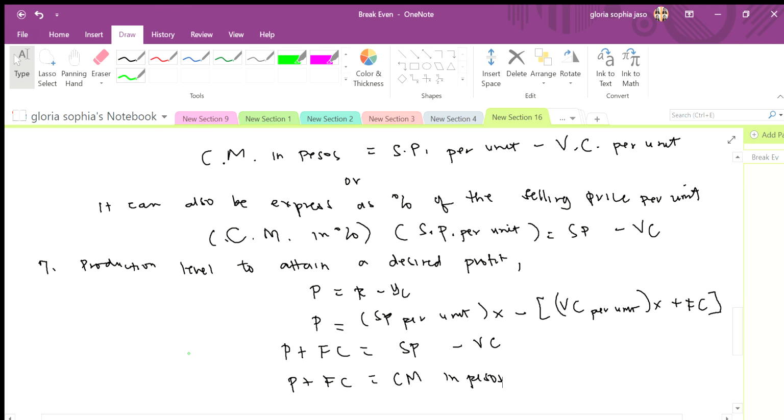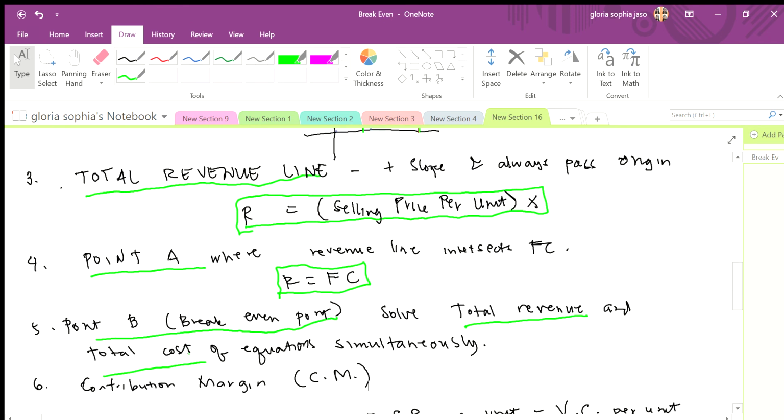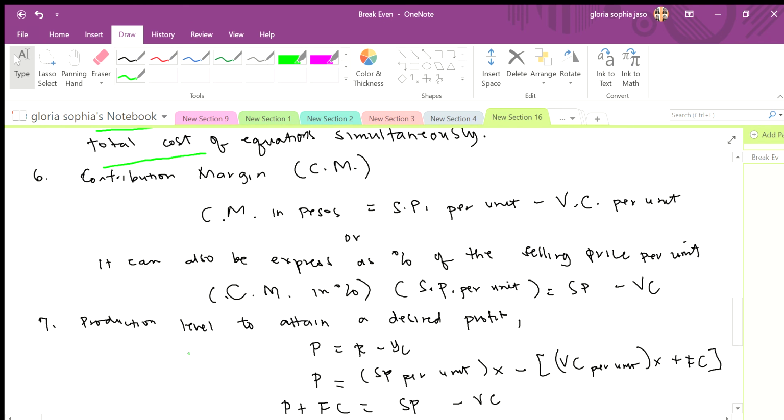Next is the CM, or the contribution margin. So the contribution margin, CM in pesos, equals selling price per unit minus variable cost per unit.